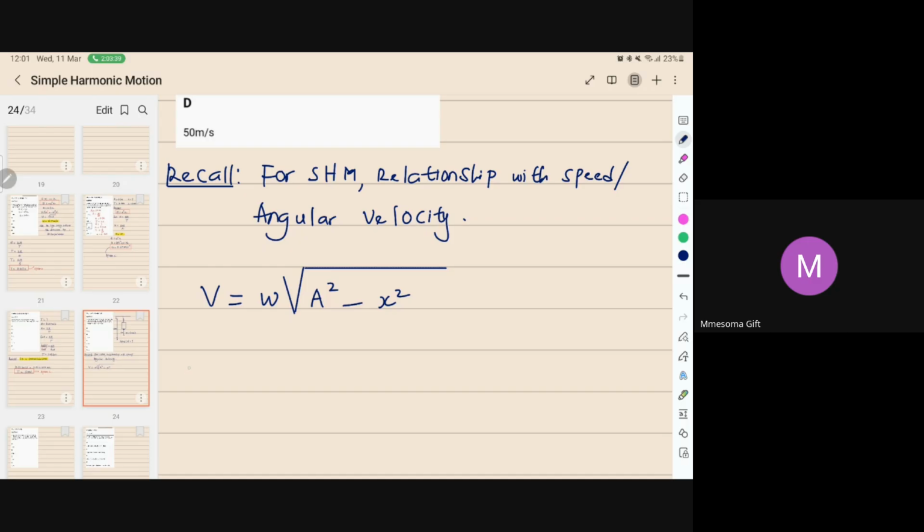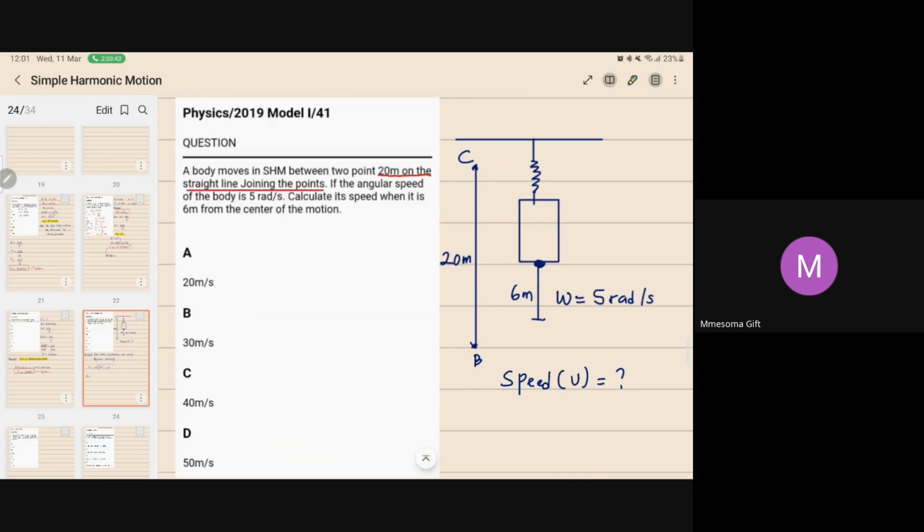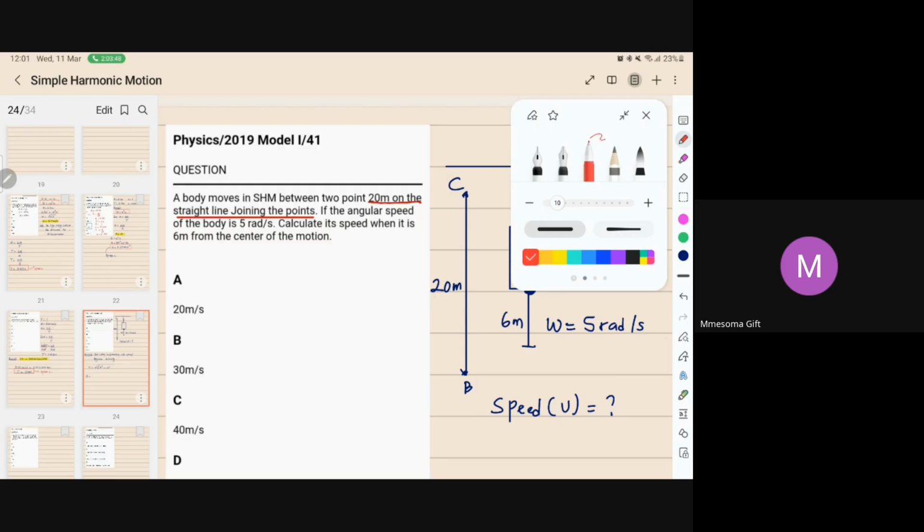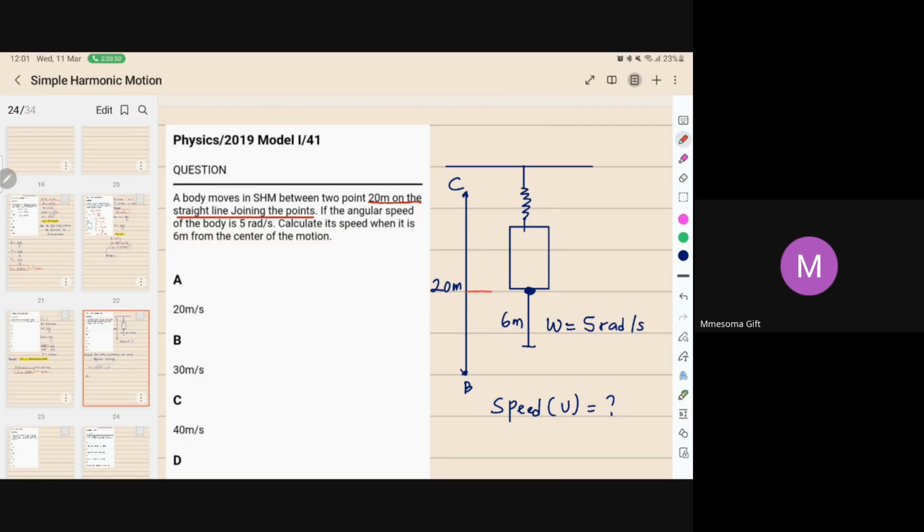So now I need to get the amplitude, A. Remember that the amplitude is going to be half of the total distance, from here towards this place. Here will be your amplitude. Also from the center to this place will also be your amplitude. Do you understand what I'm saying?